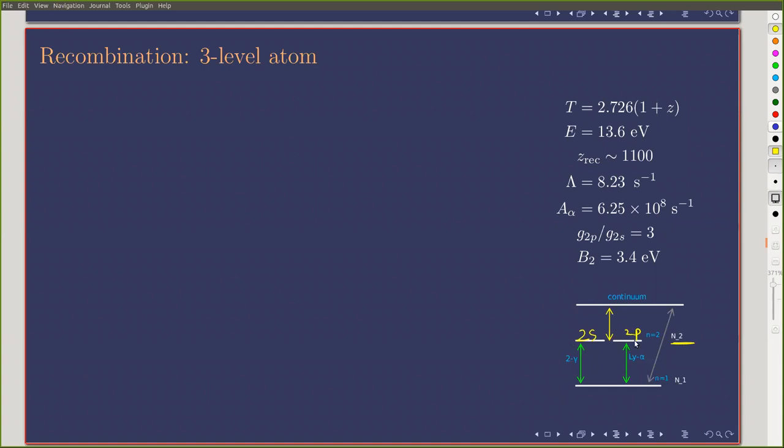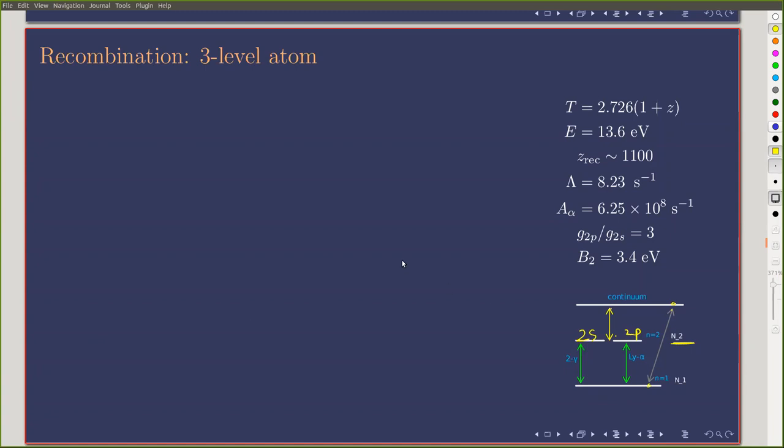So Shiv has talked extensively about the physical processes that take place here and why the direct recombination from the continuum to the ground state does not take place, because the ionization photon which is emitted in this process will be absorbed immediately by the next neutral hydrogen, and the net recombination will be zero. So we will just ignore this process, and we will focus on these processes. From continuum to the first excited state, and from first excited state through two different processes to the ground state.